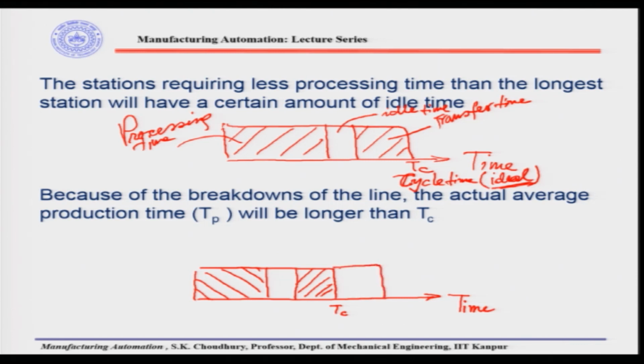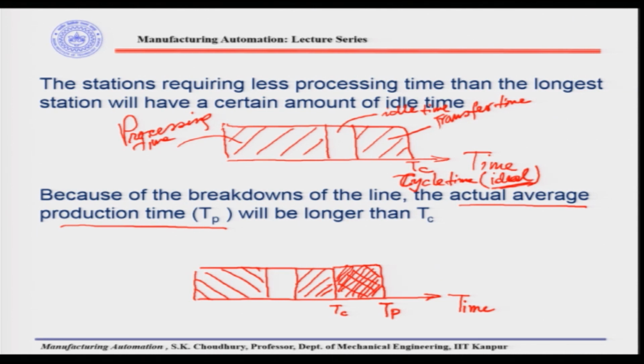So, let us say this is the machine breakdown. This machine breakdown gives us some actual production time. So, this Tp we will say is the actual average production time. The actual average production time will be more than the ideal cycle time by the time it takes for taking care of the line breakdown.